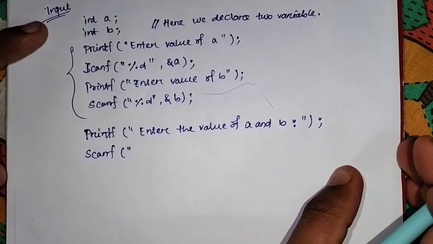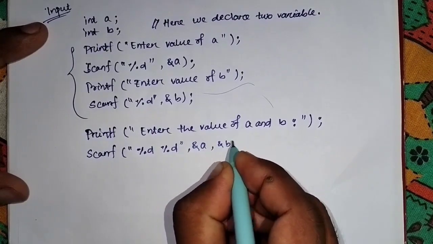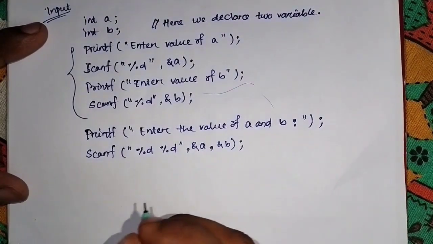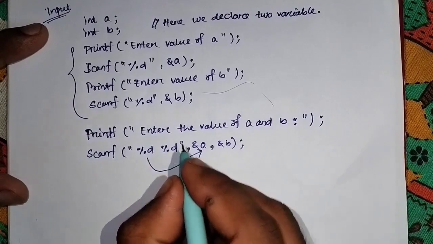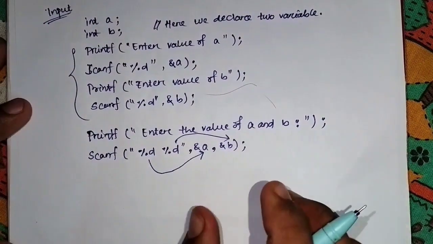Here I have written two times %d, and after that &a, &b. Here the first %d will be assigned to the first variable, and the second %d will be assigned to the second variable.